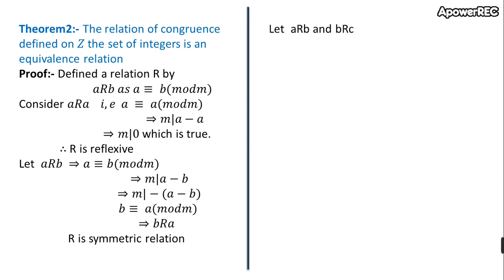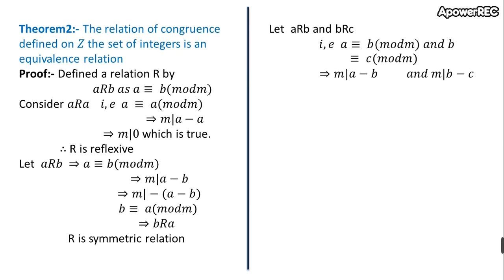And the last condition is to check transitivity. Let a relate to b and b relate to c. That is nothing but a congruent to b modulo m and b congruent to c modulo m. So by the definition of congruence, apply the divisibility. m divides a minus b and m divides b minus c.